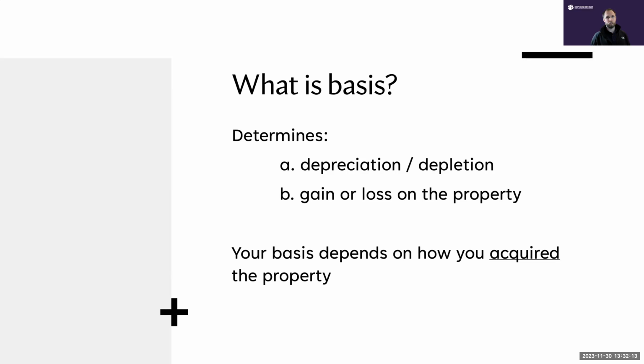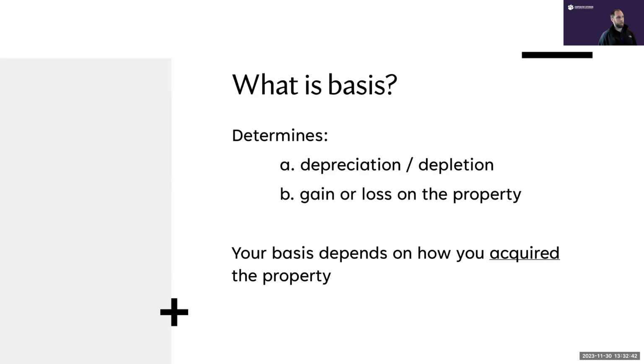With natural resources, depletion is the word we use when we deplete the basis for those natural resources. It's a pretty similar calculation. So you don't really use them interchangeably, but it's a similar thought process. Depletion is what we talk about with timber, but basis also determines our gain or loss when that property or asset changes hands.